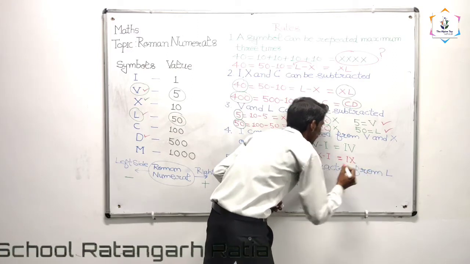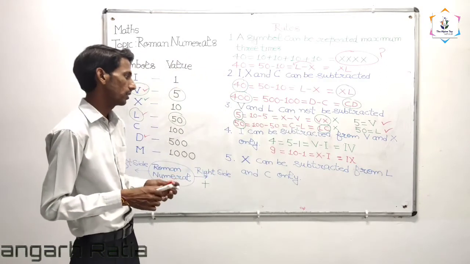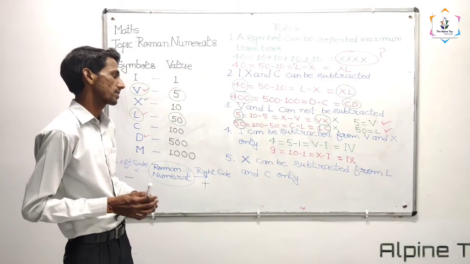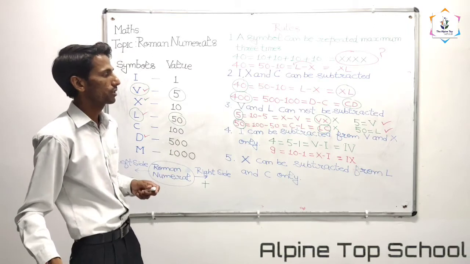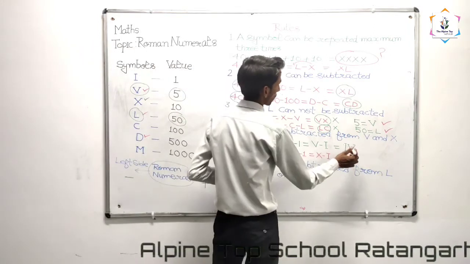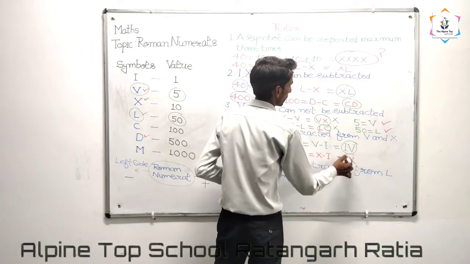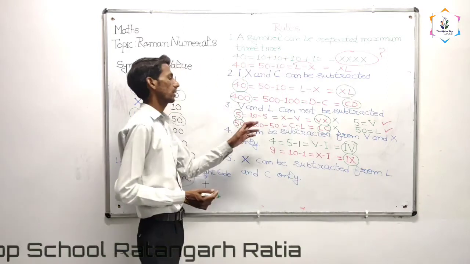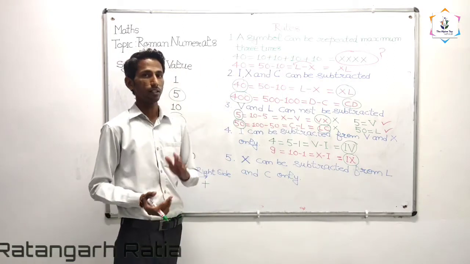I hope you are understanding. For 9 we use IX, and for 4 we use IV. According to these symbols we are understanding I can be subtracted from V and X only.